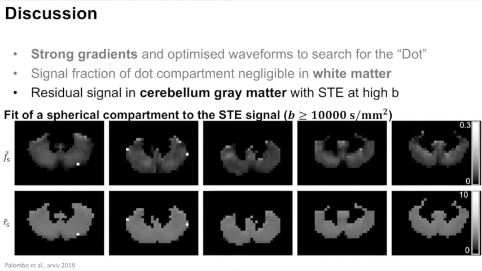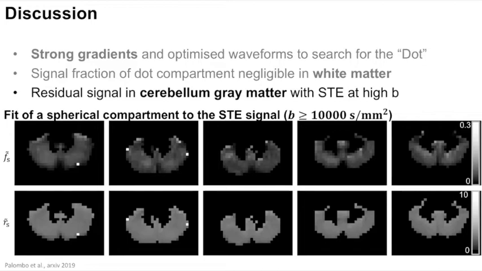It's just something that we tried. And the fraction was about the same, but the size was about 4.5 micrometers. And if you think about the cell sizes, the Purkinje cells are very large, much larger than this. And the granule cells are about 7 to 10 micrometers, so that's also larger than what we find.